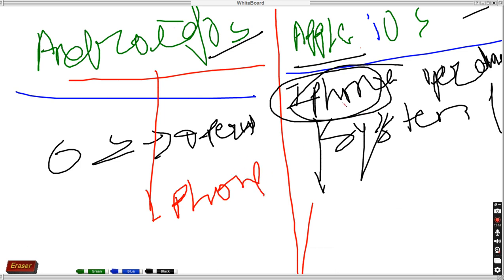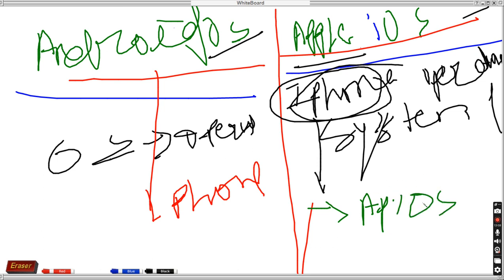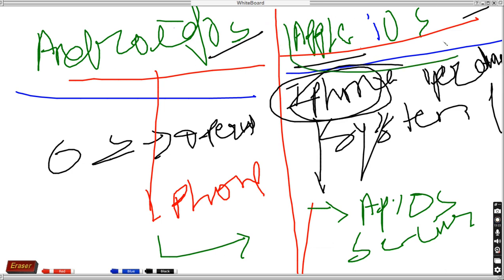Apple iOS is costly because it is used basically for security purposes. Apple iOS security is high compared to Android because the Apple company is big in the market.